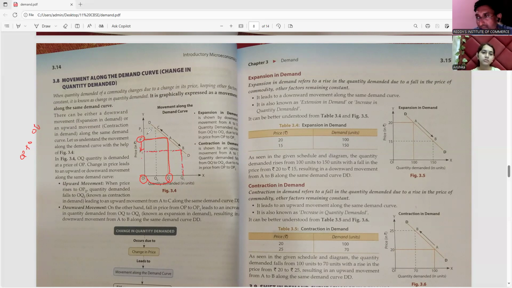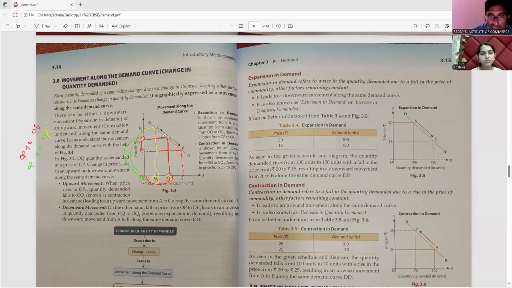Got it? But in the other situation, when your price rises from OP, your normal price, to OP2, your demand will decrease from OQ to OQ2.